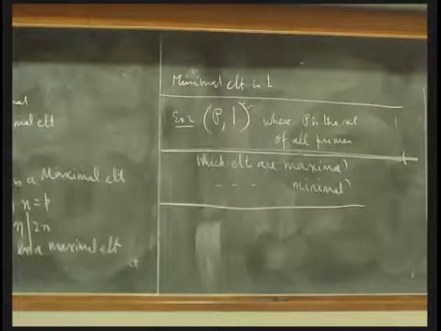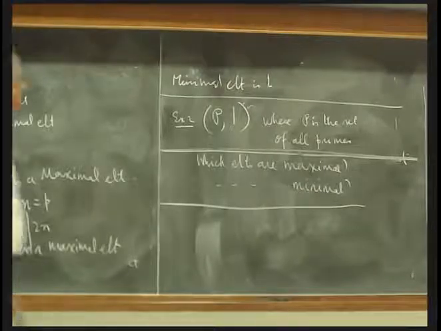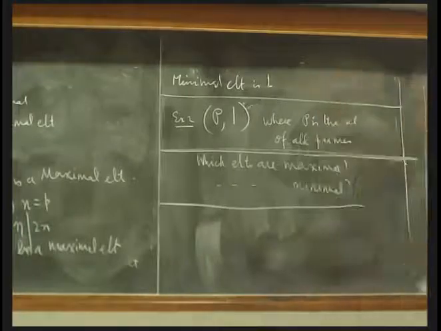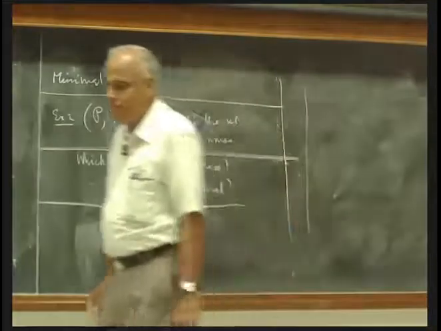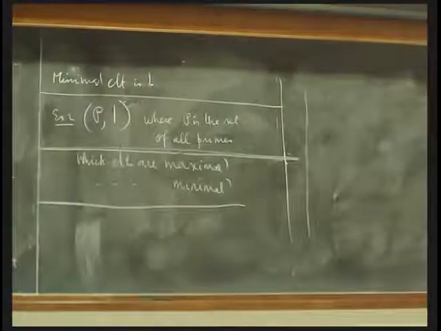These examples you can easily get by looking carefully. Some of the things I will be sloppy about in a hurry. Now the question I want to ask is, most of the time in a partially ordered set, we are looking for a maximal element.